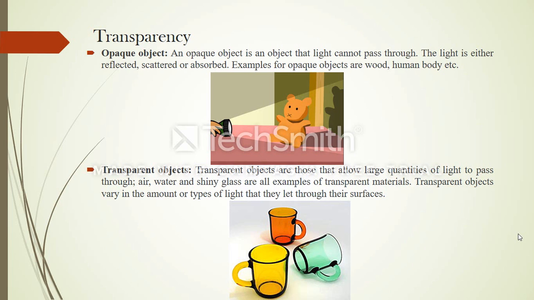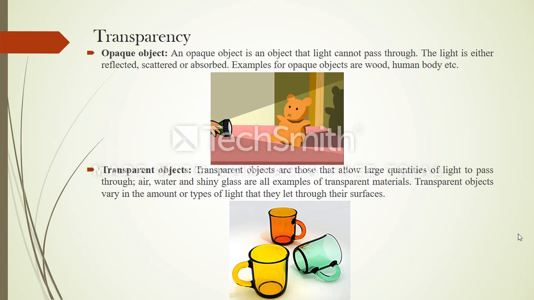Transparency. Opaque objects. An opaque object is an object that light cannot pass through. The light is either reflected, scattered, or absorbed. Examples are wood, etc. Transparent objects.